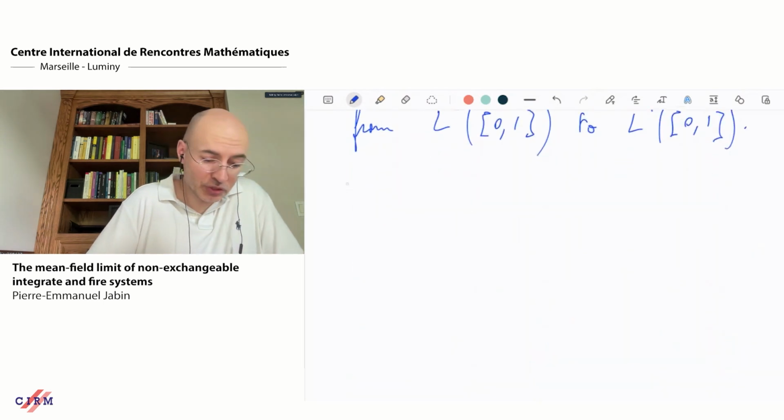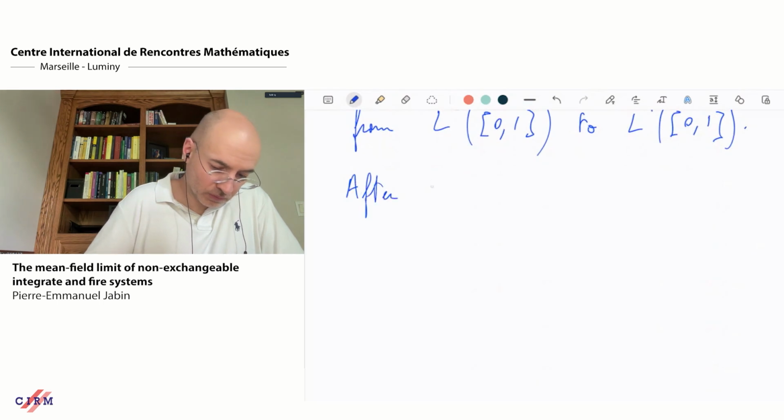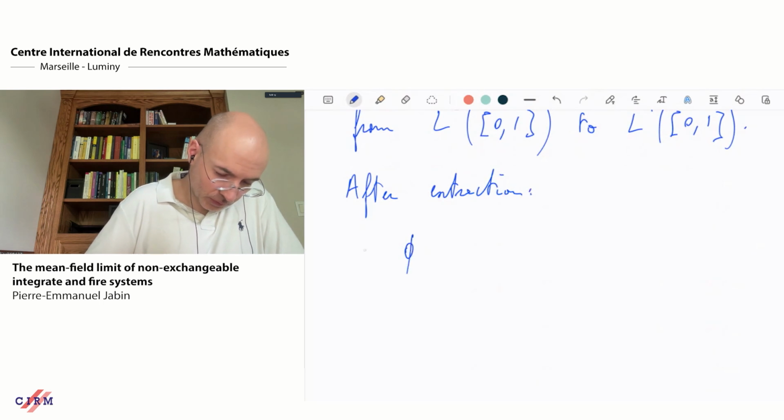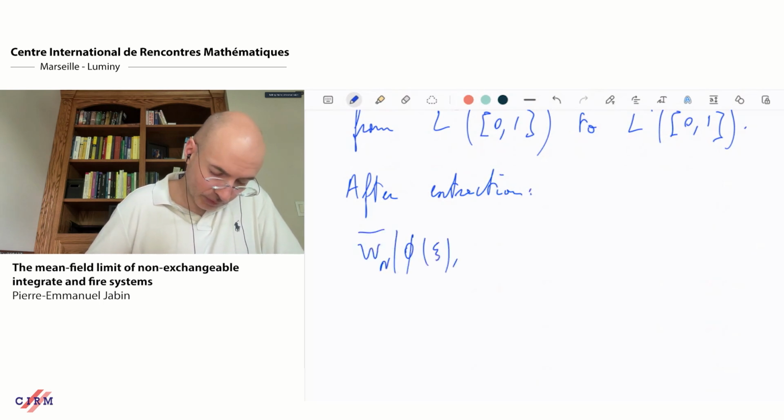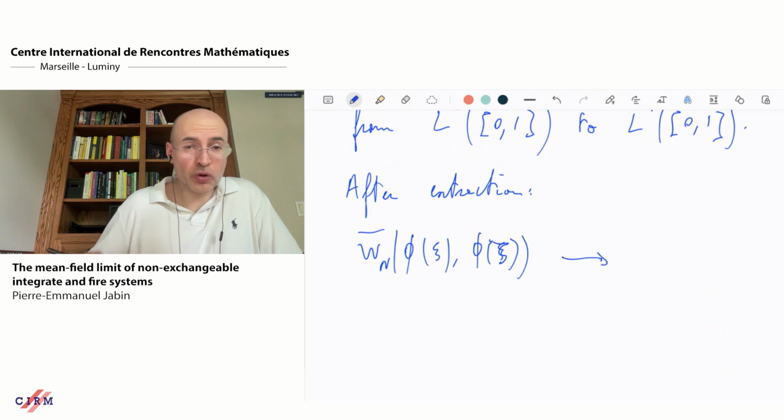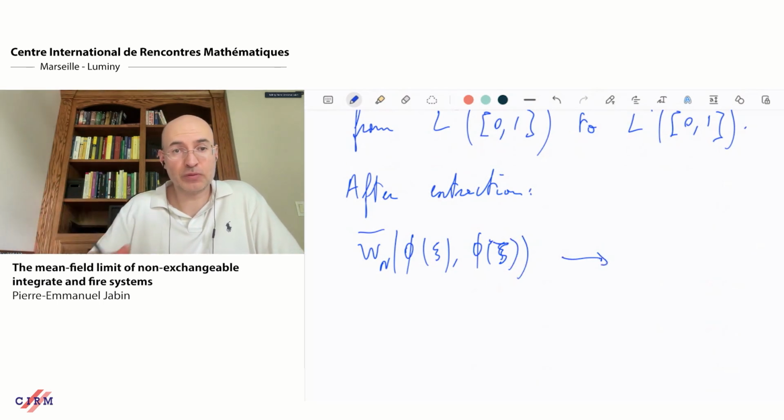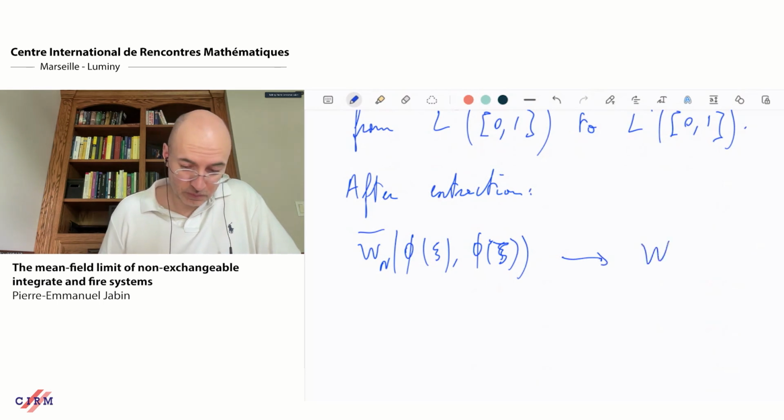So after extraction, W bar of phi(psi), phi(zeta) converges strongly, for the topology again of seeing them as operators from L infinity to L1, converges strongly to some W(psi, zeta).